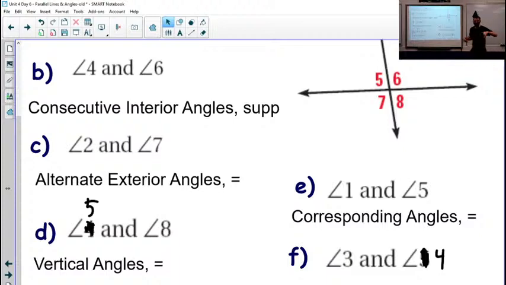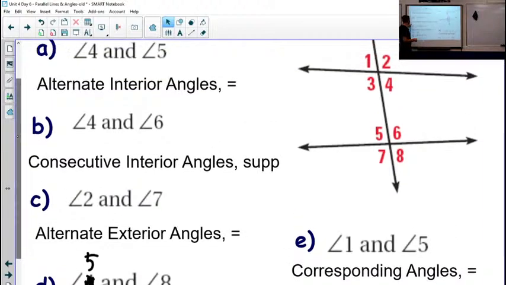And so a big part of what we're doing is being able to pick out which type of angles are which. Something that might help you, if you were having trouble with the way I've been describing it, is to trace out these angles, because some of them make specific shapes.